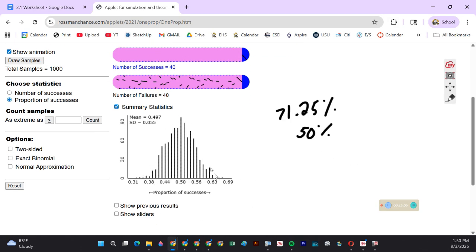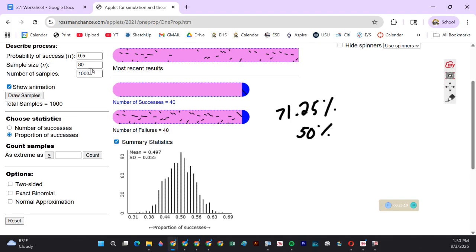So I draw 1,000 samples, and I have my normal curve, okay? Sample size was 80. What does each dot in this histogram represent? One round of 80 guesses. So every single dot in that histogram is 1 round of 80 guesses.